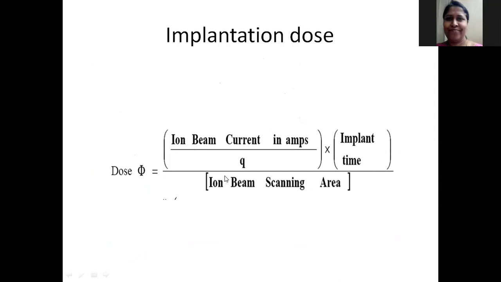So it basically tells you how many ions are incident on a given area and how long they are incident. So the higher the dosage, the greater will be the implantation and the greater will be the depth of implantation. The lower the dosage, the lower will be the depth of implantation.